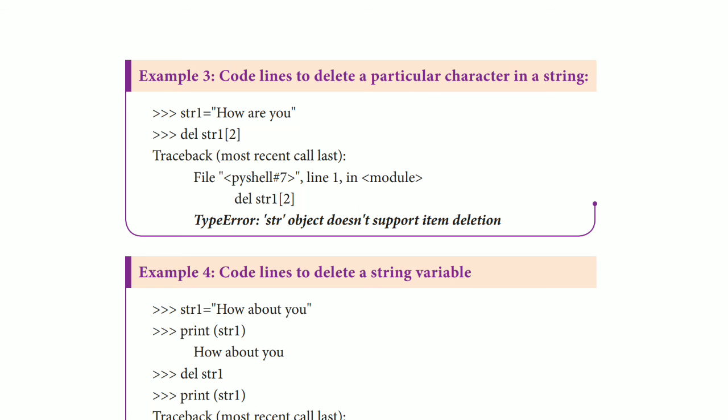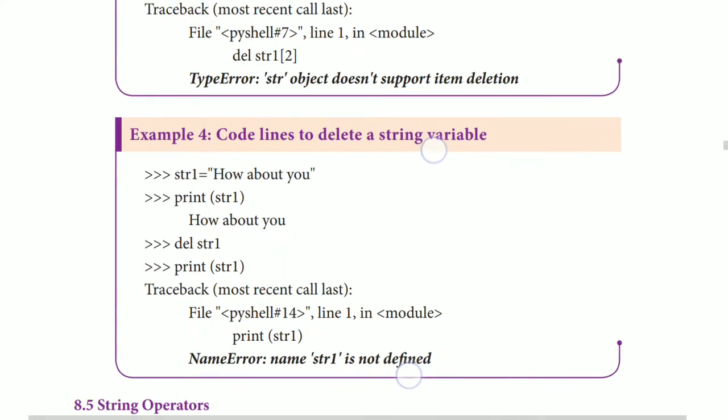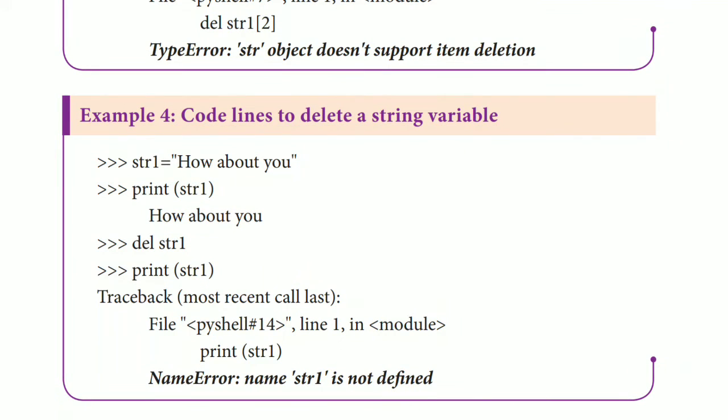But in the next example, you can see that they are trying to delete the entire string. So del str1. str1 is how about you, they print str1, and how about you is printed.